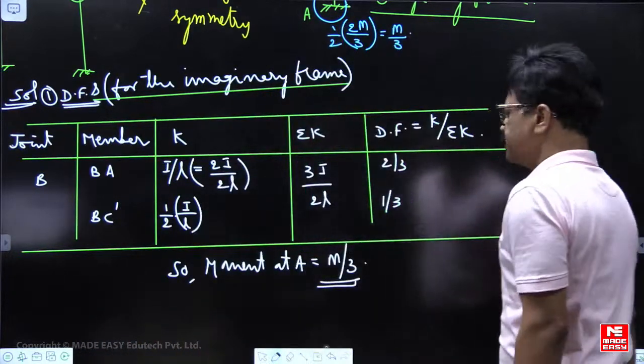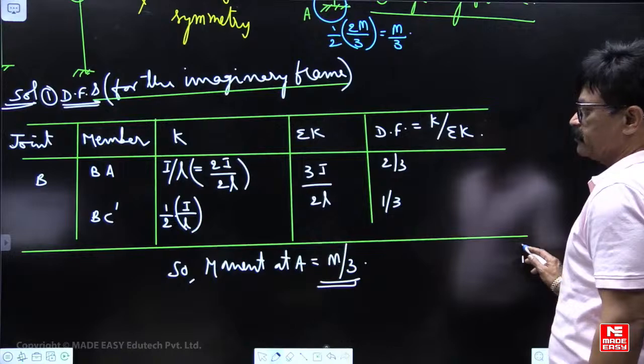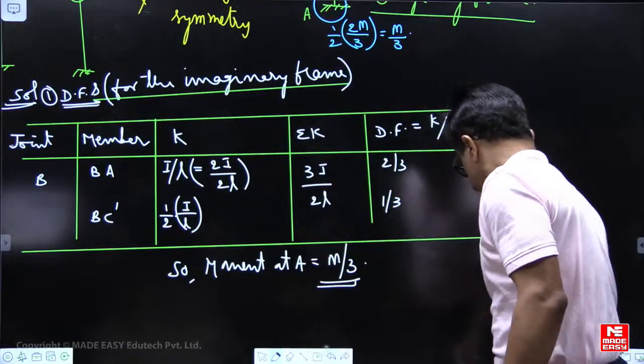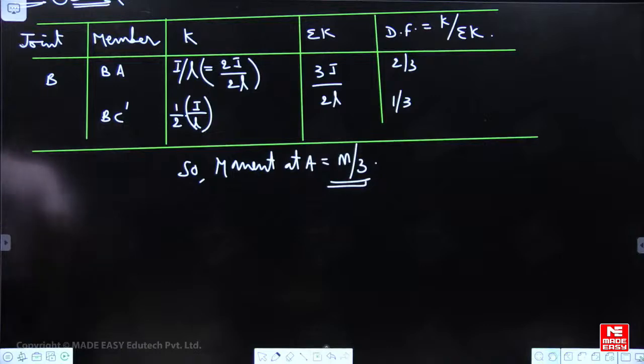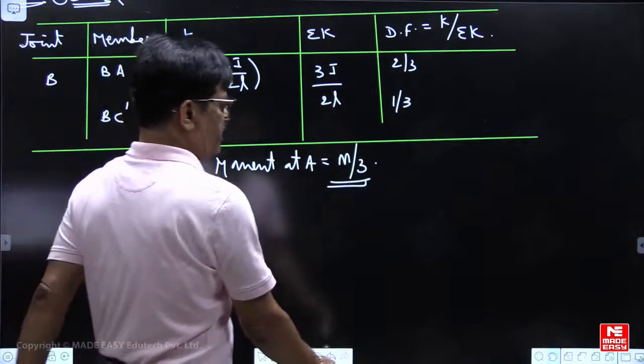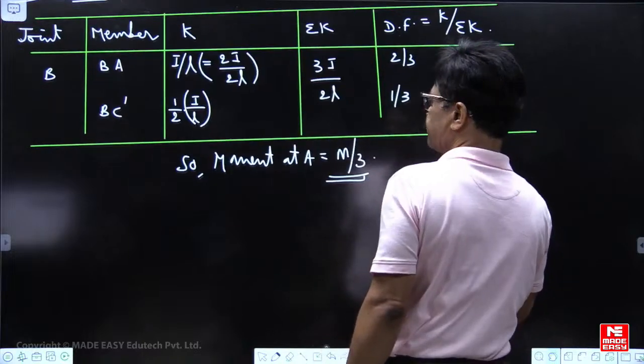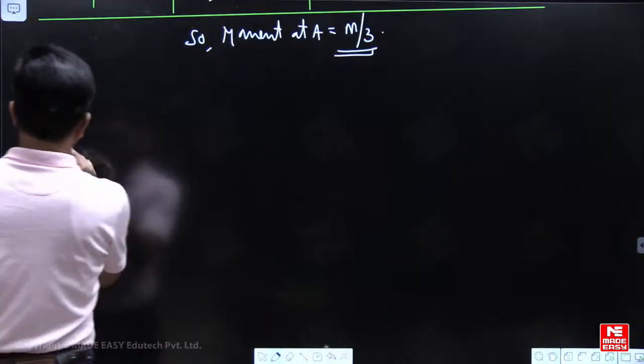Moment at A is M by 3. Anyone finished? Moment at A is M by 3, correct? Now if you want to find the horizontal reaction, let us note this.